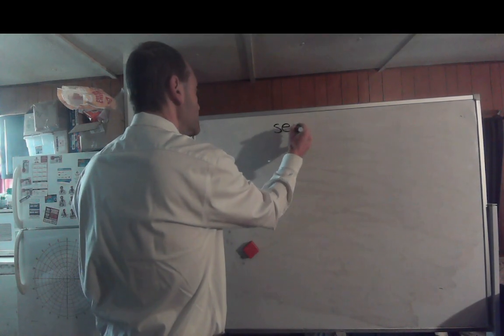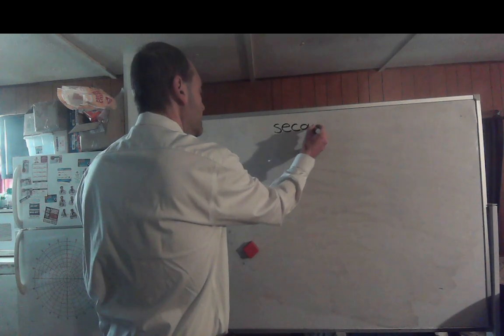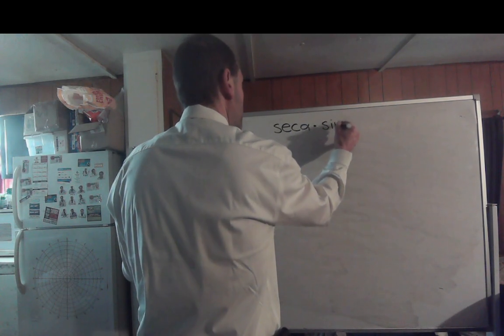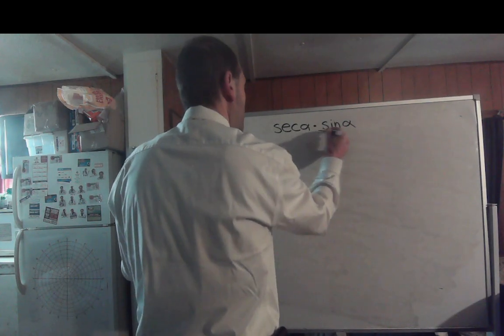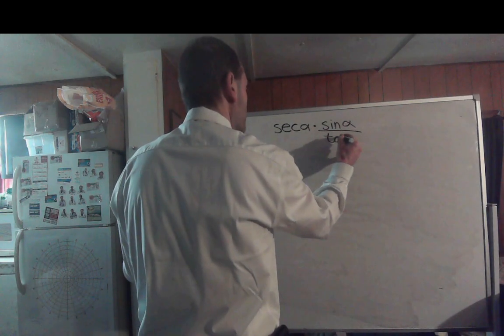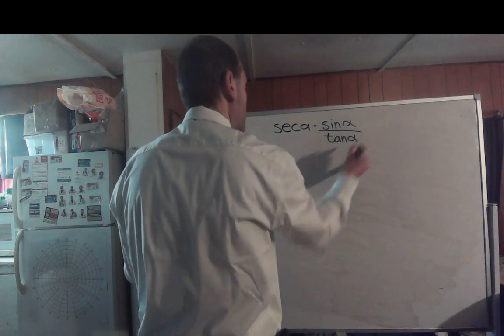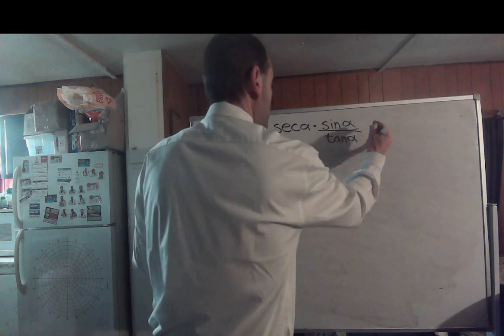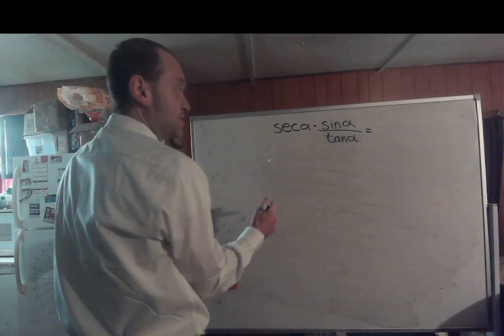Let's see, we have the secant of alpha times the sine of alpha all over the tangent of alpha. So this is going to be a good one. So let's look at these two terms. What's the secant?